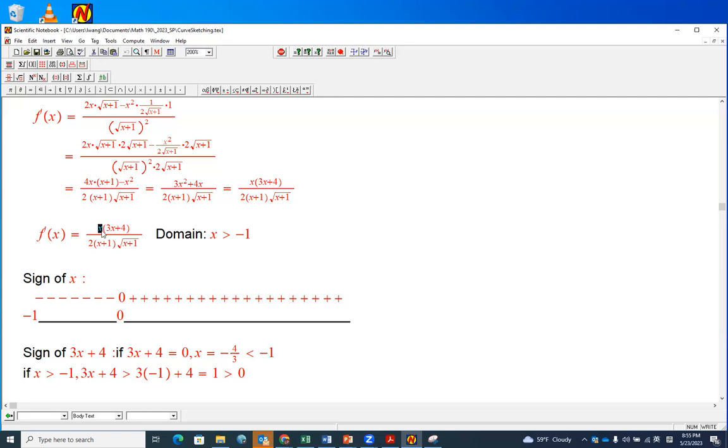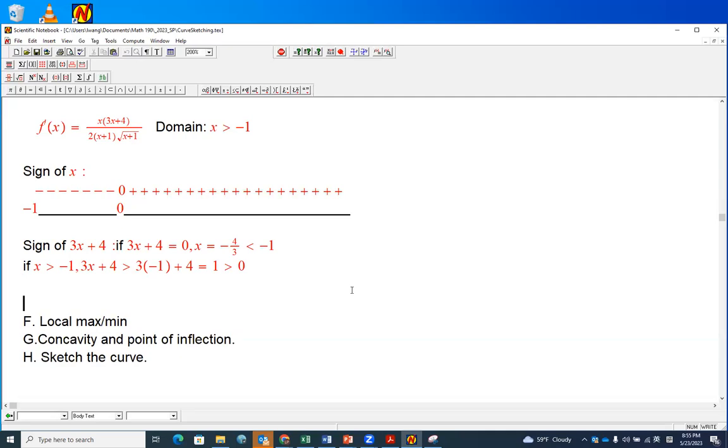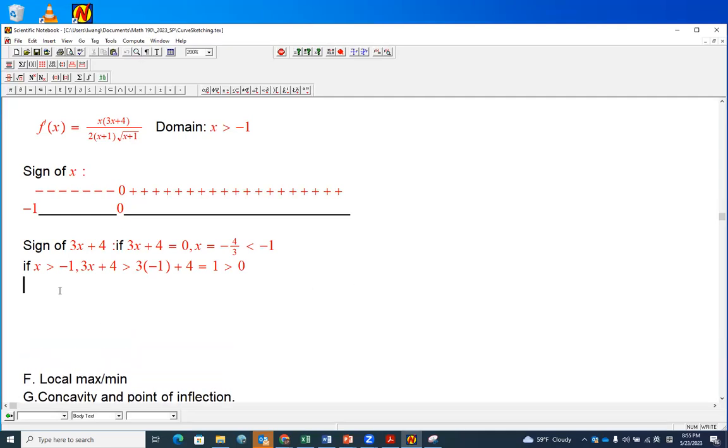So we can draw the following conclusion. If x is between -1 and 0, the first order derivative is negative, and that means f is decreasing.